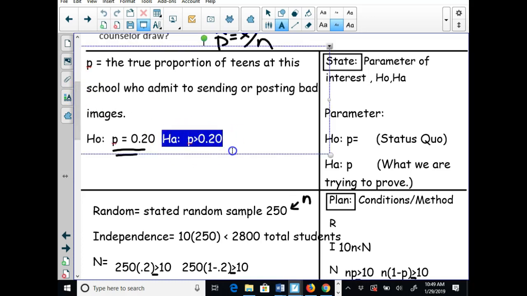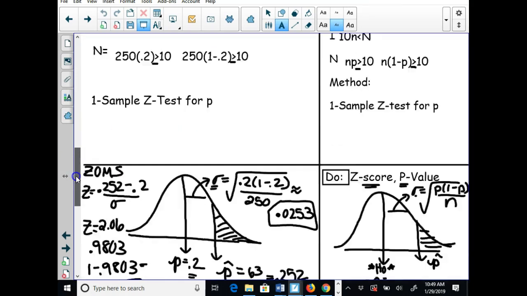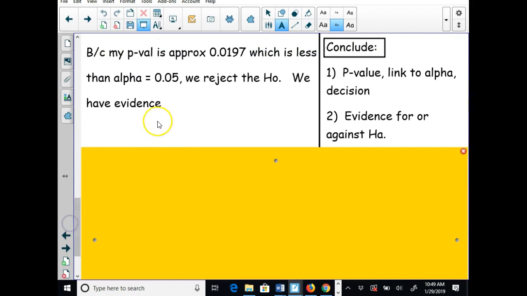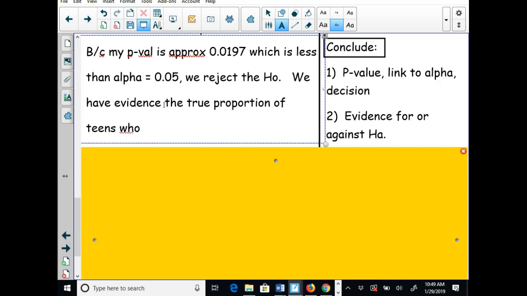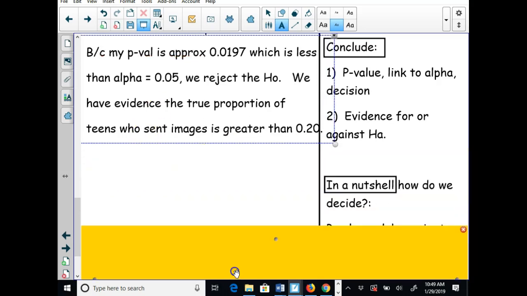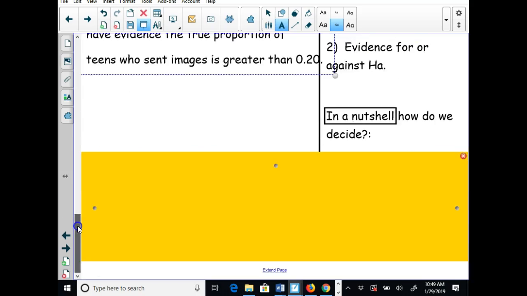I just need to make sure that it is in context. Okay, second sentence done.